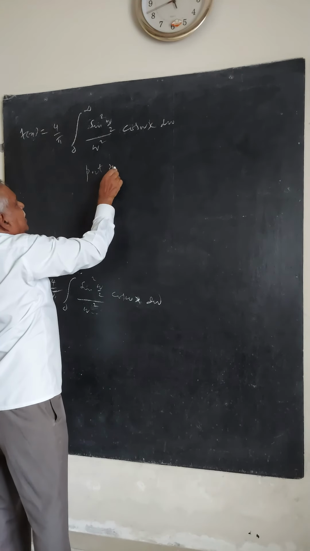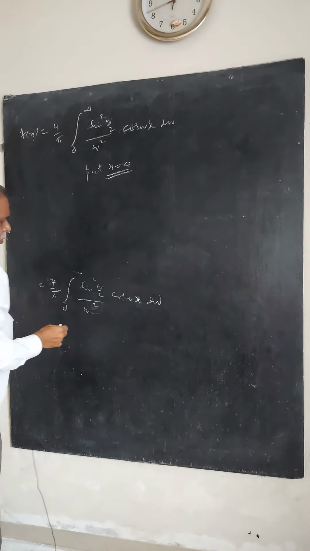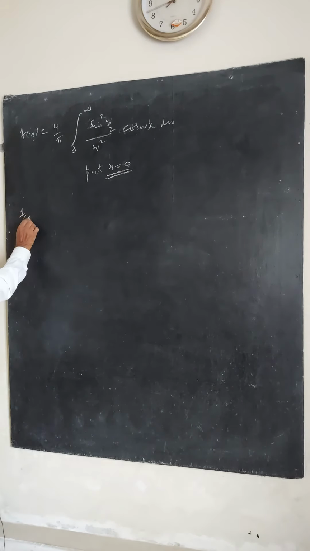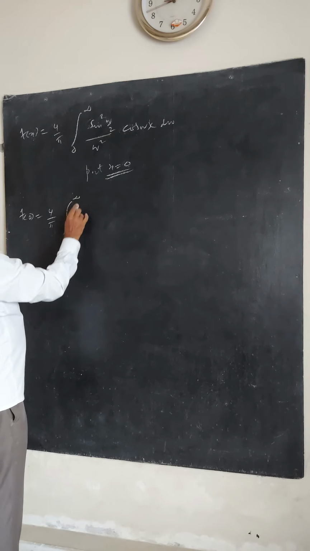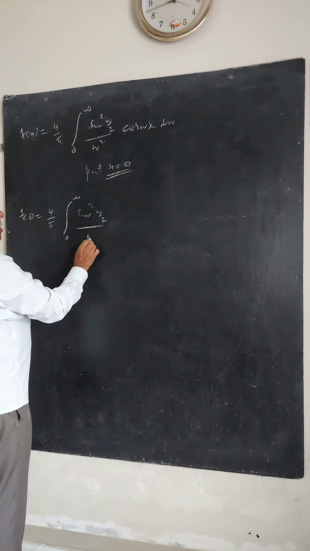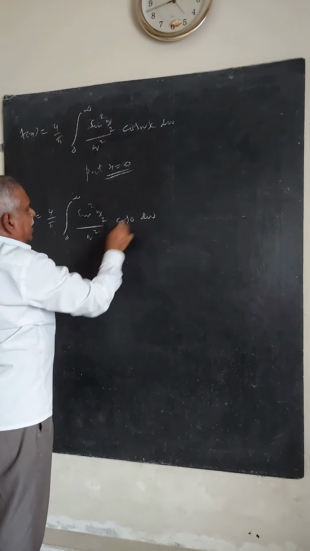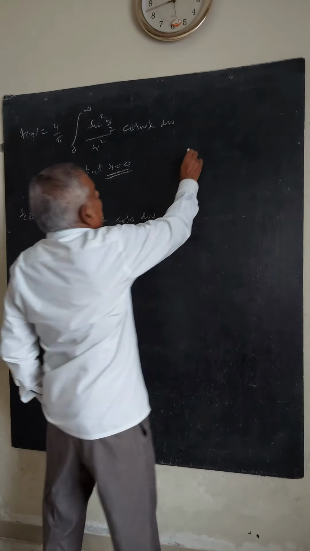Put x equal to 0. f of 0 equal to 4 by pi, 0 to infinity, sin square omega by 2 by omega square, cos 0 d omega. Cos 0 is 1. We have to find f of 0.